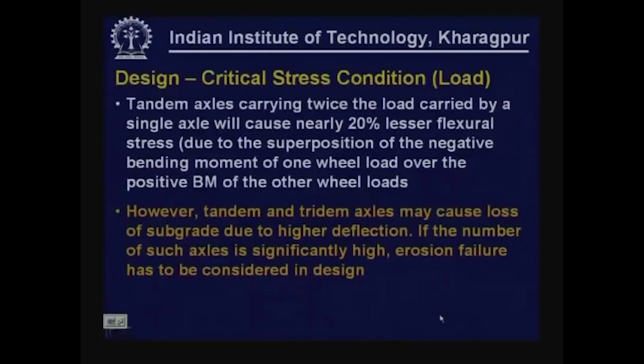Tandem axles carry twice the load carried by a single axle. For example, if you consider a single axle carrying 10 tons, and a tandem axle carrying 20 tons, which is double the load carried by the 10 ton load, tandem axles will cause nearly 20% lesser flexural stress due to the superposition of the negative bending moment of one wheel load over the positive bending moment of the other wheel loads.